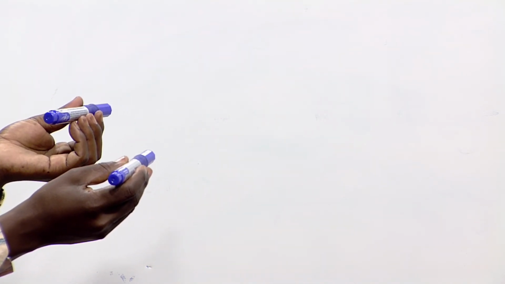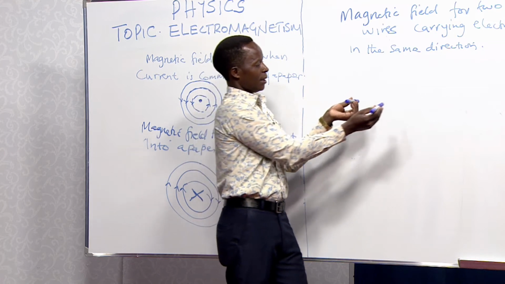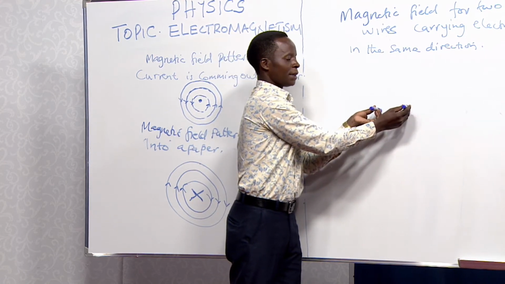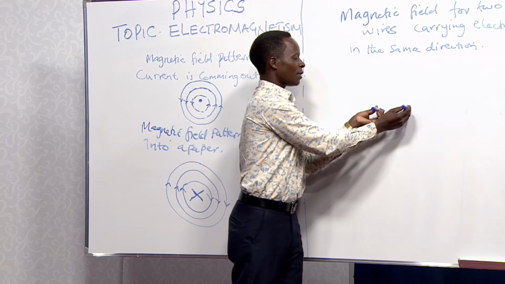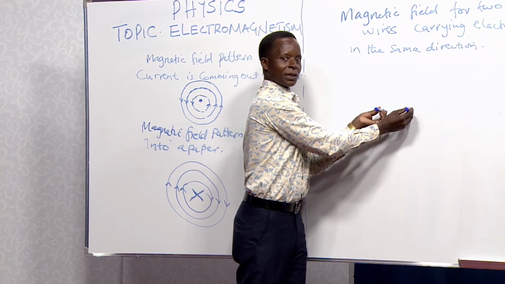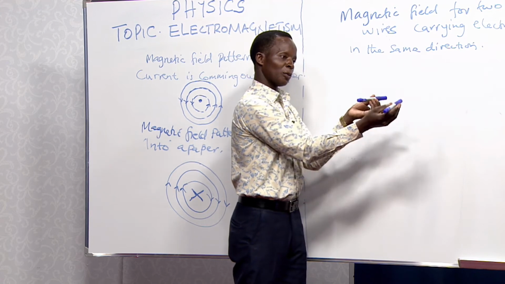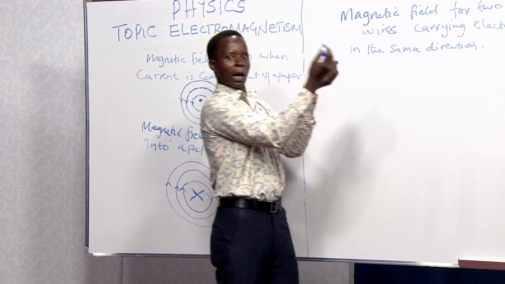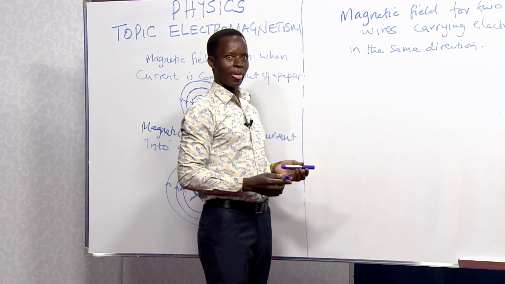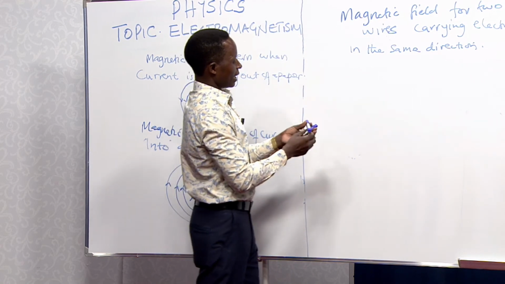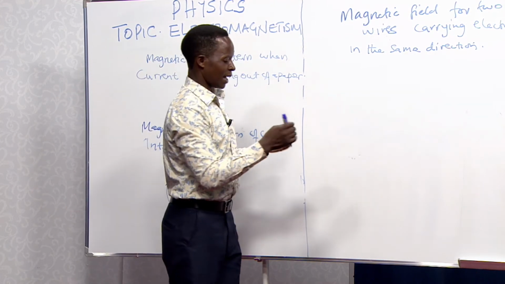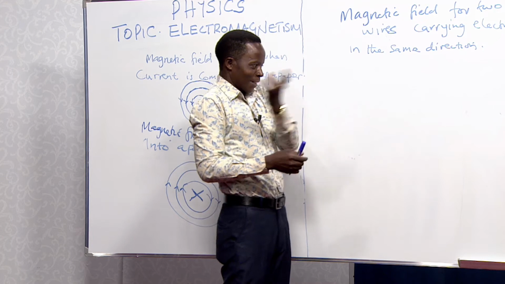Are we together? That these are the wires. Okay? The wires are parallel, carrying current in the same direction. The same direction, there are two options. Either into the blackboard or out of the blackboard. So let me take a case when the current is in the same direction and out of the blackboard.